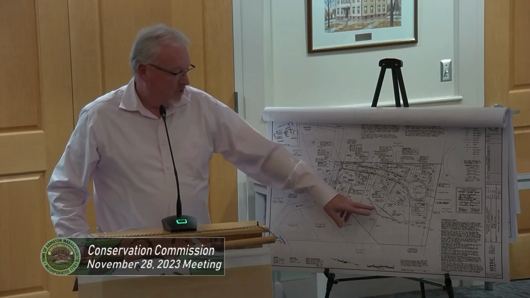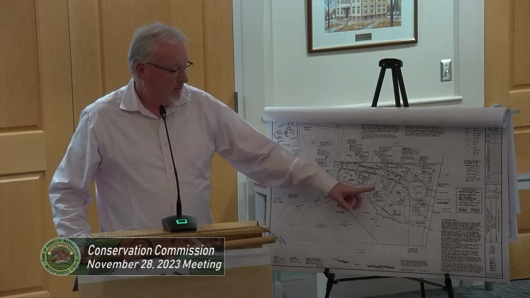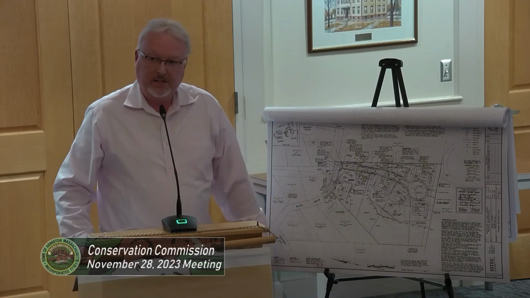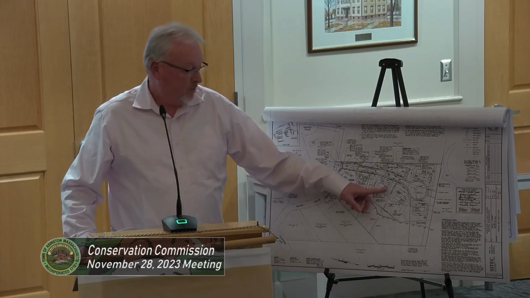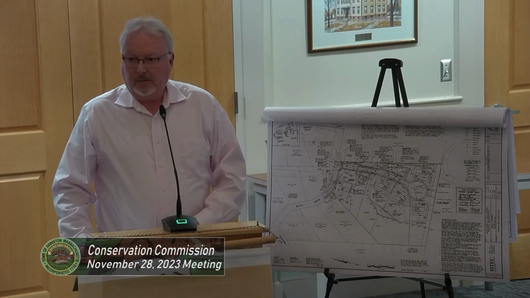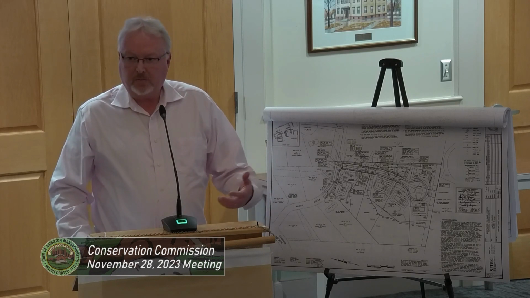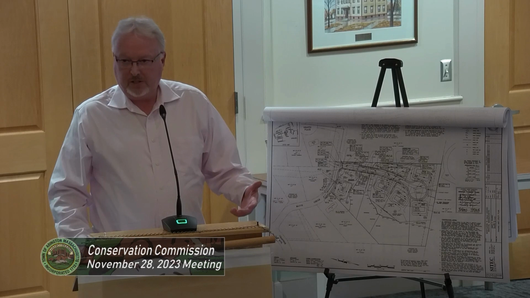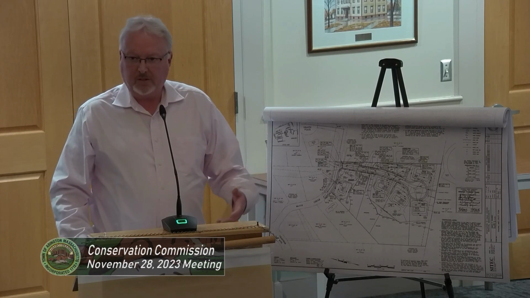Even if you go off of the new line, everything's still out of the buffer. And if I may, this is the approved subdivision plan. It shows those residences there, it shows the replication line, and we put those houses in line with where that was. This just more formally makes the process, because the order of conditions specifically said it was for the roadway construction only.